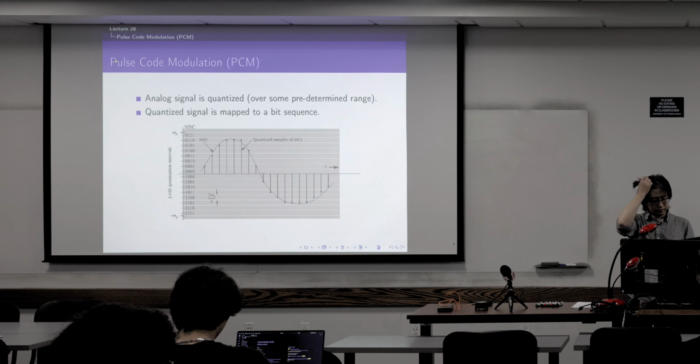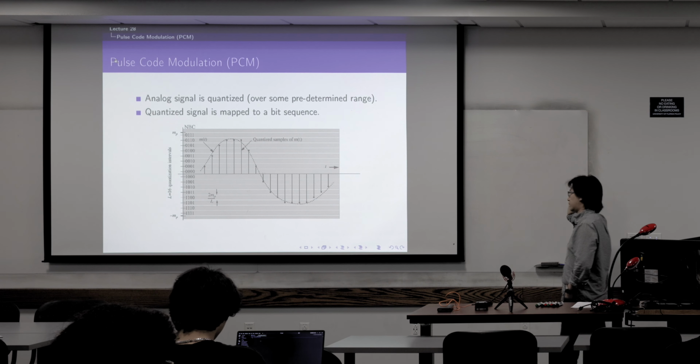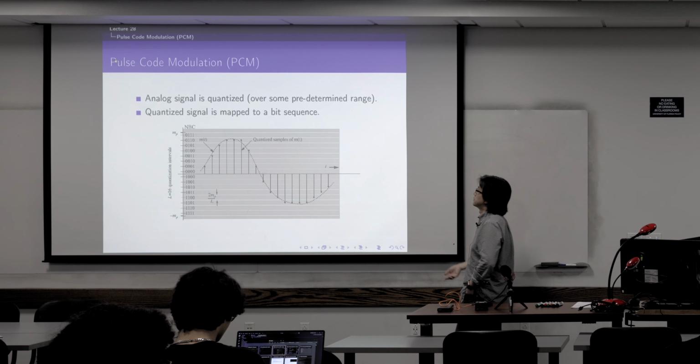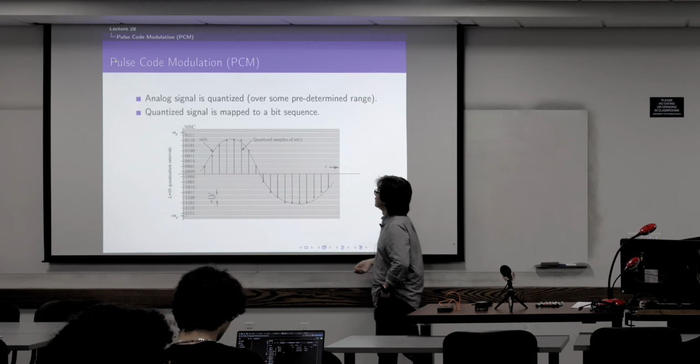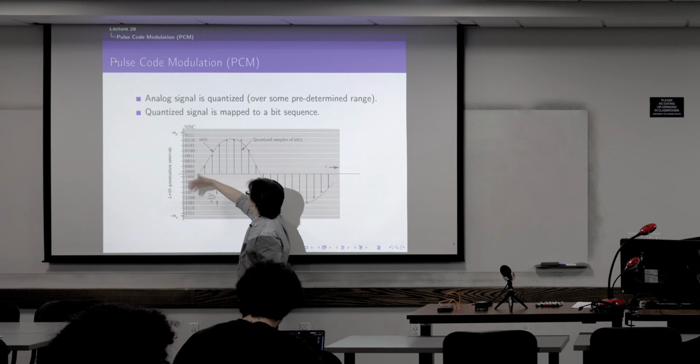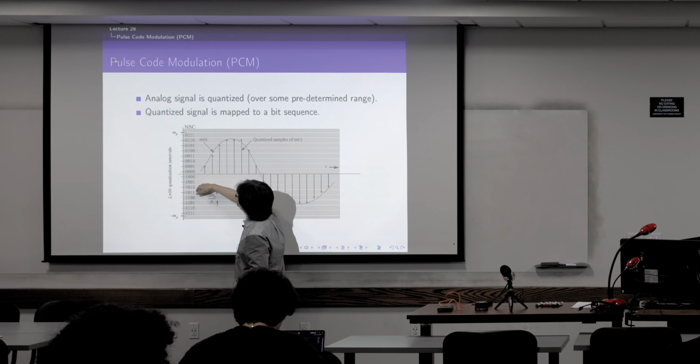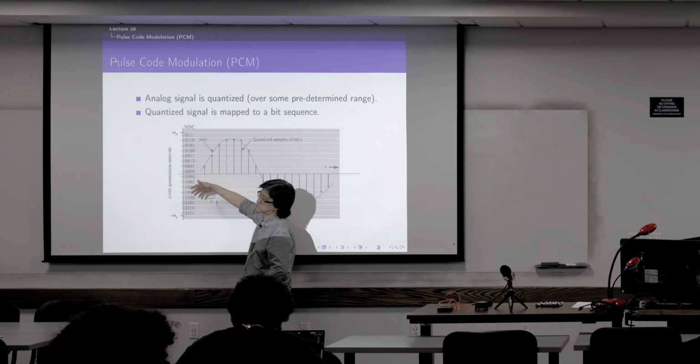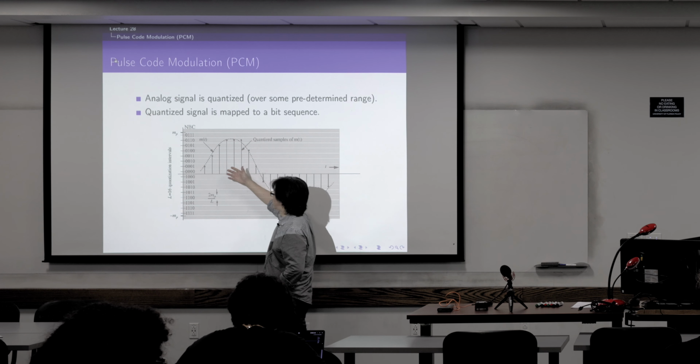Then we introduce another very important pulse modulation approach called PCM. It's exactly what I said before for PAM. Here we quantize the signal into levels. Here we have 4 digits, so we have 16 levels.